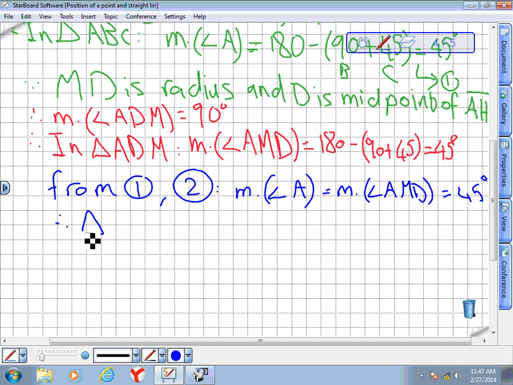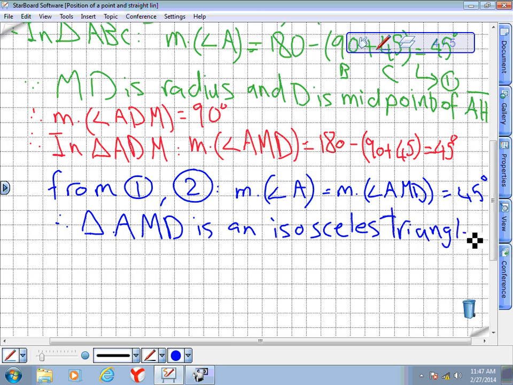Therefore triangle AMD is an isosceles triangle. Therefore DA will be equal to DM, and that is the required to prove.